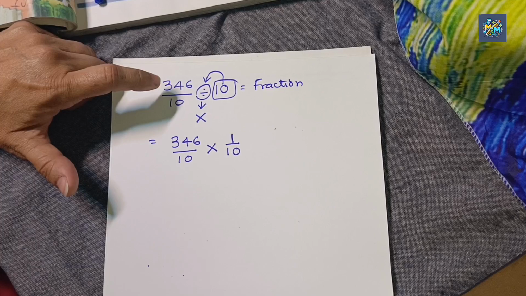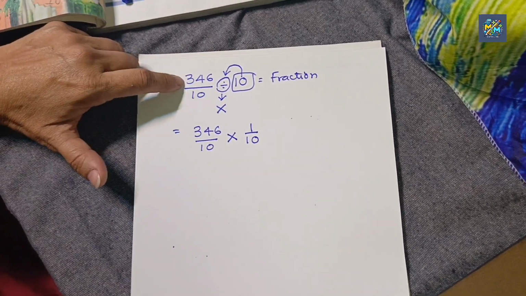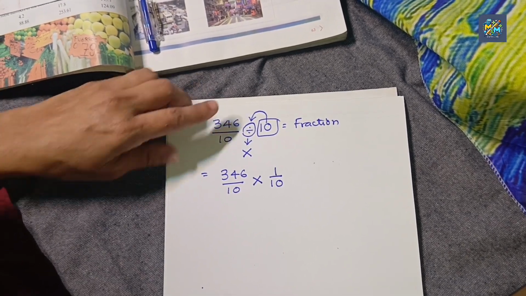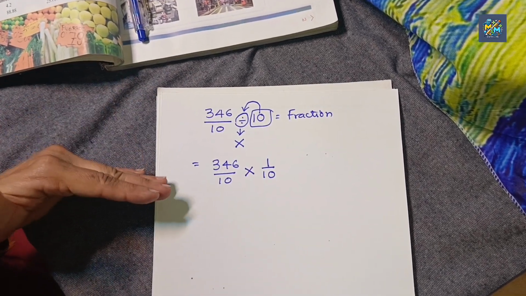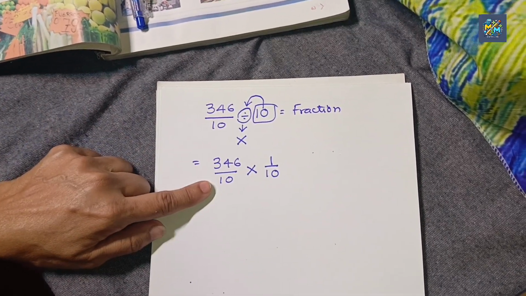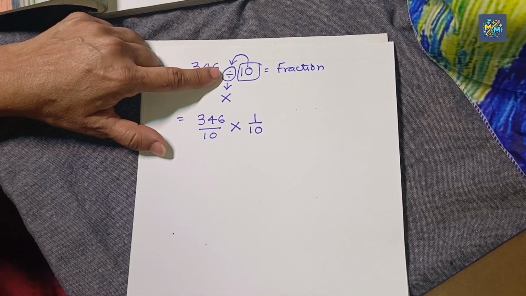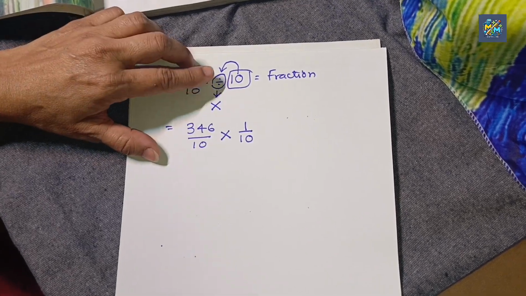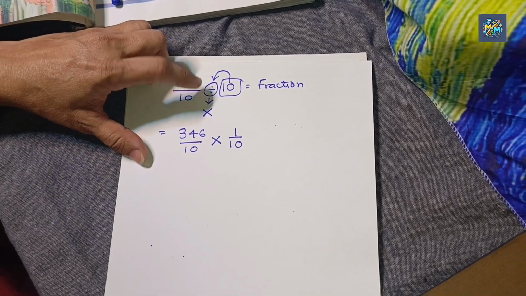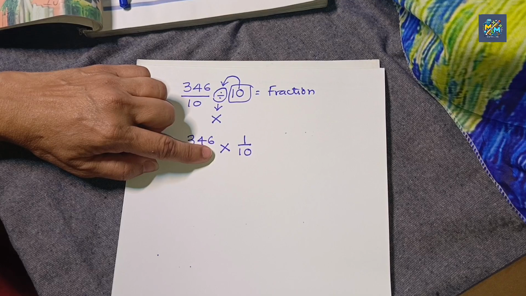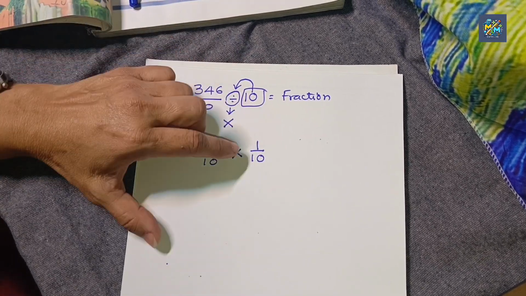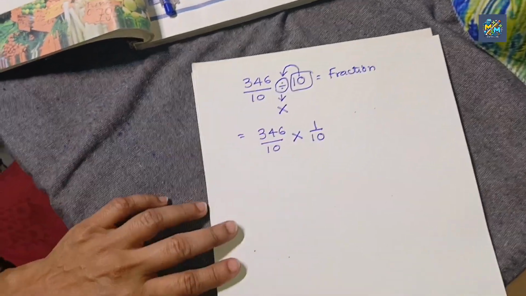First, I eradicated the decimal from 34.6 because after the decimal there was one number. After eradicating it, that decimal was converted into a 10. Then I changed the sign, division into multiplication. As soon as I changed the division sign into multiplication, my 10 also changed as a fraction. So it became 1 upon 10.